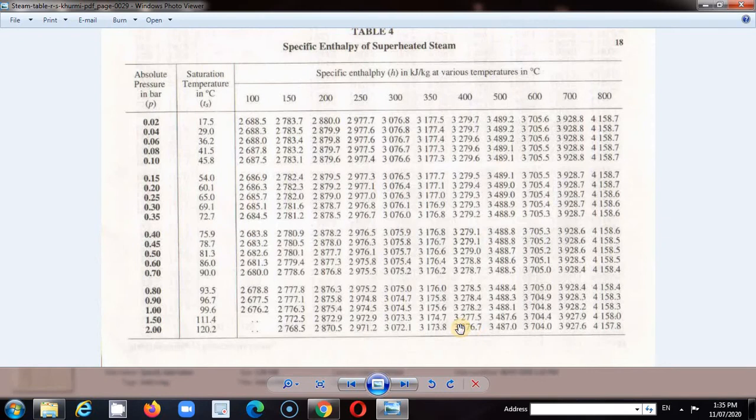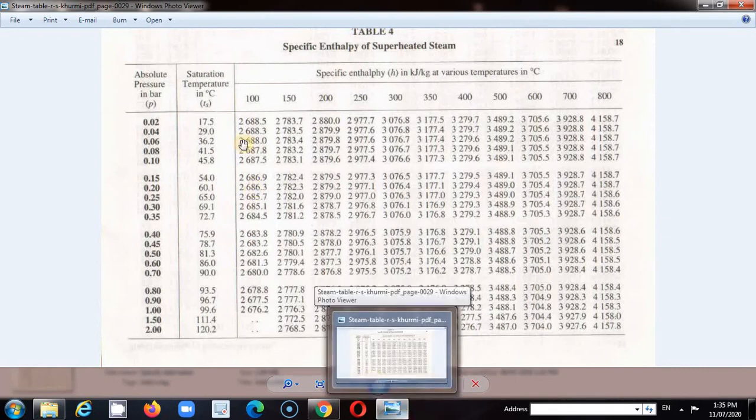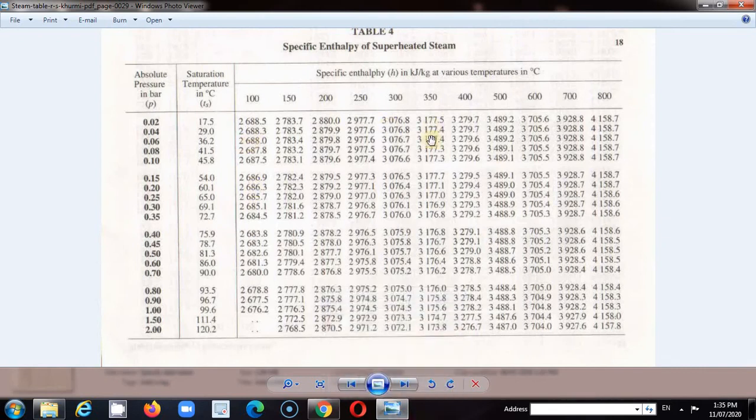So students, here you will get the idea. It is very easy to calculate the specific enthalpy, specific entropy and specific volume with the help of the steam table of superheated steam. But it is also very easy to calculate all those values with the help of the Mollier chart. Our next lecture will be only on how to find out the values of the specific enthalpy and specific entropy as well as dryness fraction with the help of the Mollier chart.